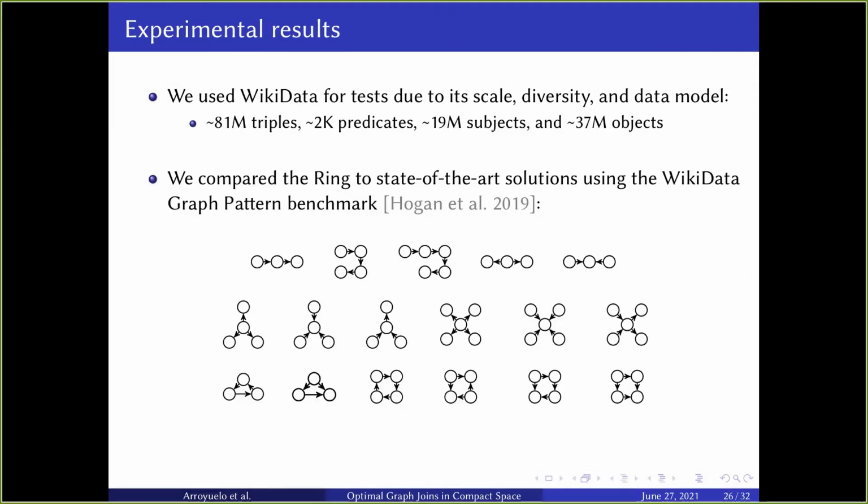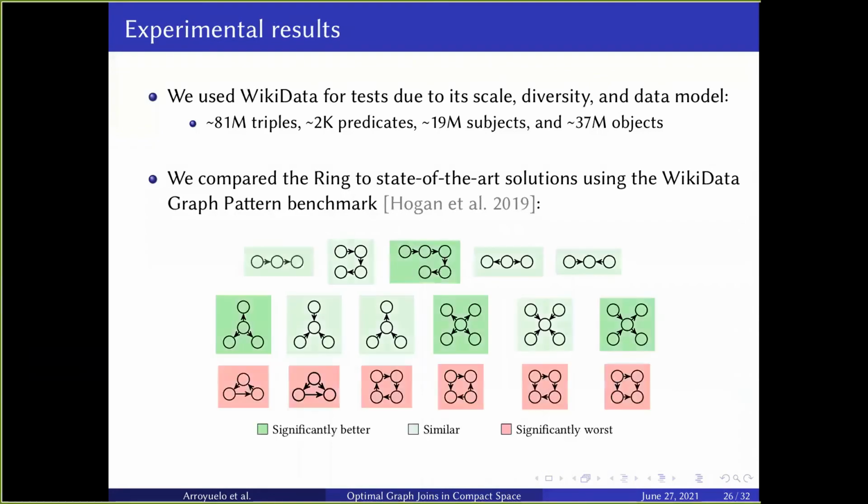To test this prototype implementation of the ring, we use a benchmark on Wikidata. We chose Wikidata because of its scale, diversity, and also because of the data model. We compare our implementation to state-of-the-art solutions using these queries. And here we show the queries for which the ring behaves significantly better, similar, or significantly worse than the other alternatives.